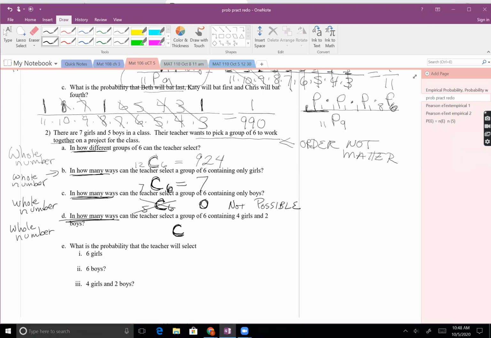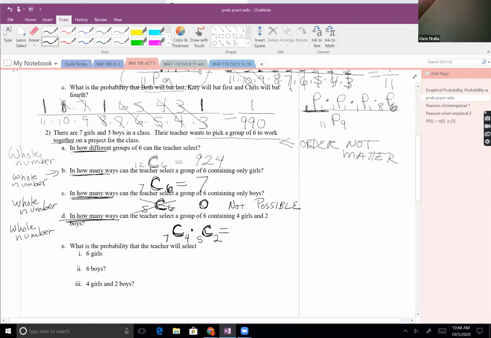No, we need 2: one for the boys and one for the girls. The word and tells me I'm going to multiply those 2. Which would you rather do first, the girls or the boys? The girls. How many girls are there? 7, and we want 4. And then for the boys, there are 5, and we want 2.